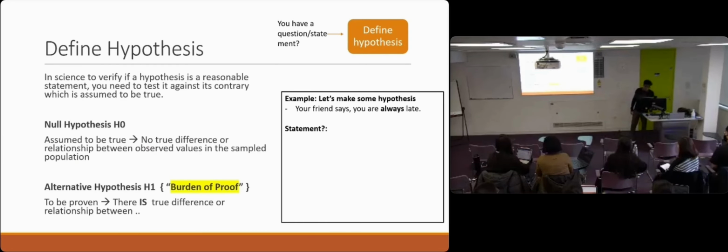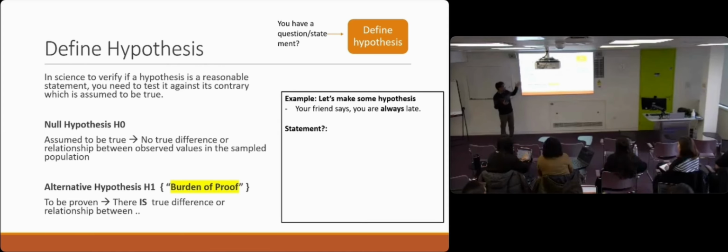Now let's see how you define the hypothesis. A hypothesis is a statement where you claim something. In science, every time you have a hypothesis, you have to prove that the hypothesis is a reasonable statement or not.